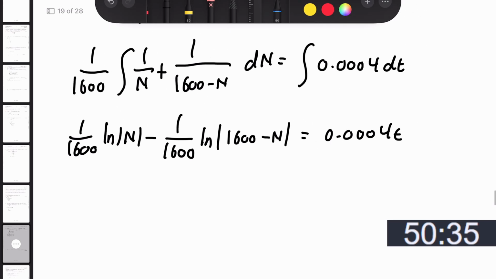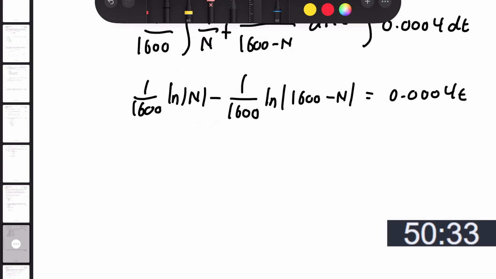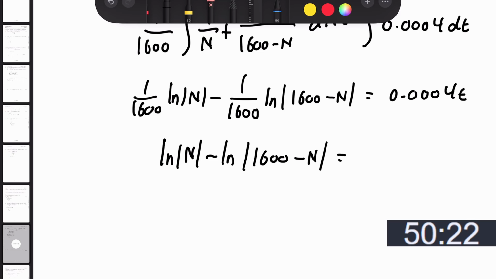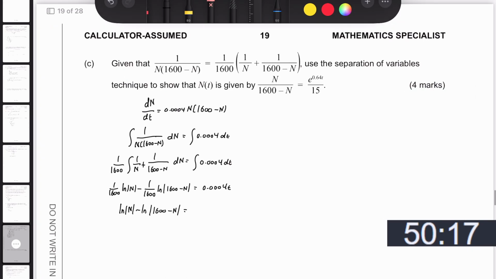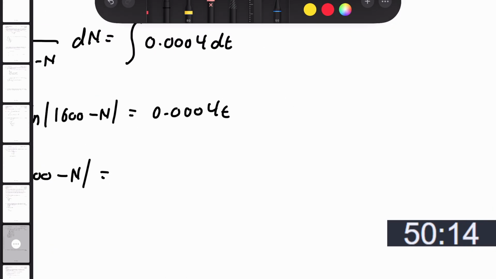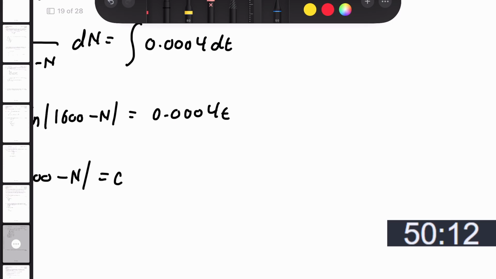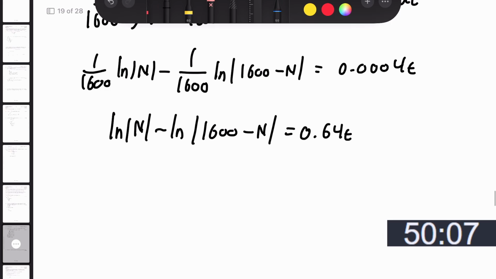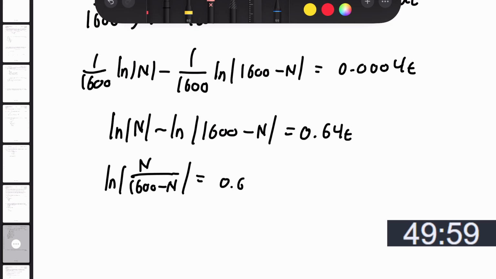So then let's multiply everything by 1600. So I get that ln of n minus ln of 1600 minus n is going to equal 0.0004 times 1600, which is 0.64t, and this becomes ln of n all over 1600 minus n is equal to 0.64t.